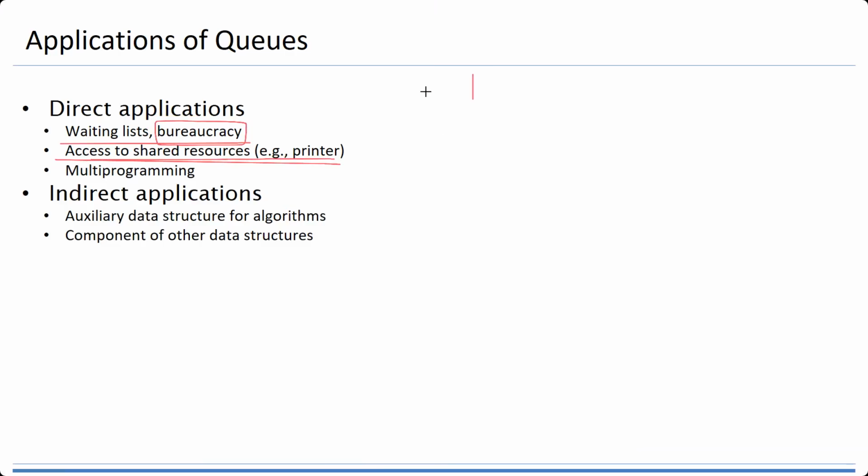Document number 1 goes first, and then document number 2 goes next, and so on. Multi-programming also can be applied with the queue. In some indirect applications, you can use the queue for the auxiliary data structures for the algorithms, and you can use it for the component of other data structures.